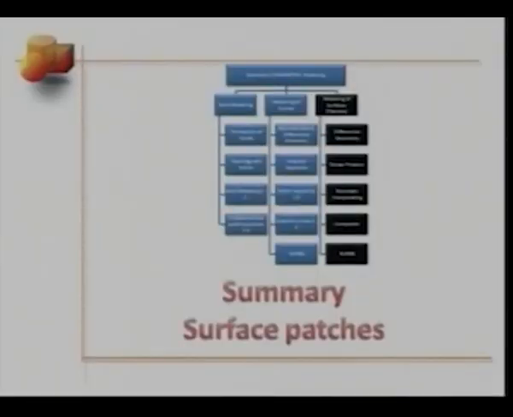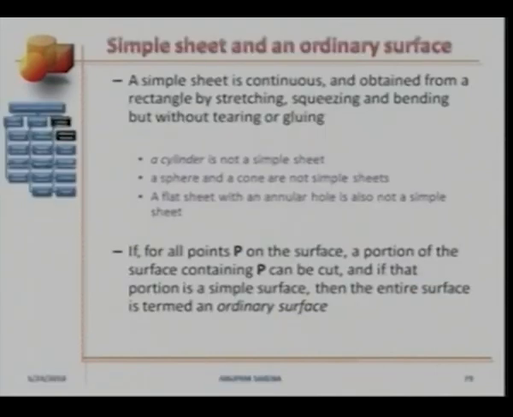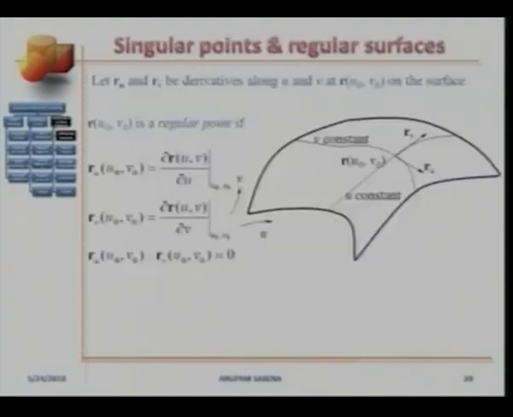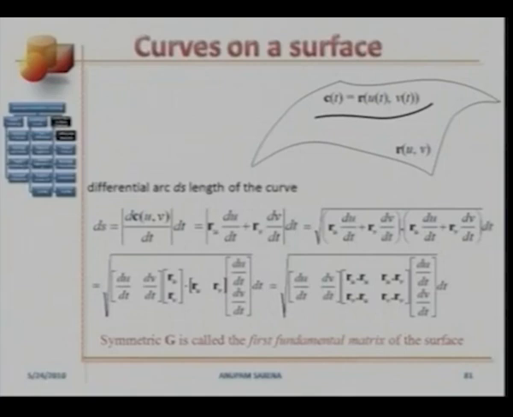Okay. Now, to summarize, surface patches, which is the last column in our layout. We started off with studying simple sheets, ordinary surfaces, singular points, regular surfaces, and we then diverted our attention to the differential geometry of surfaces.